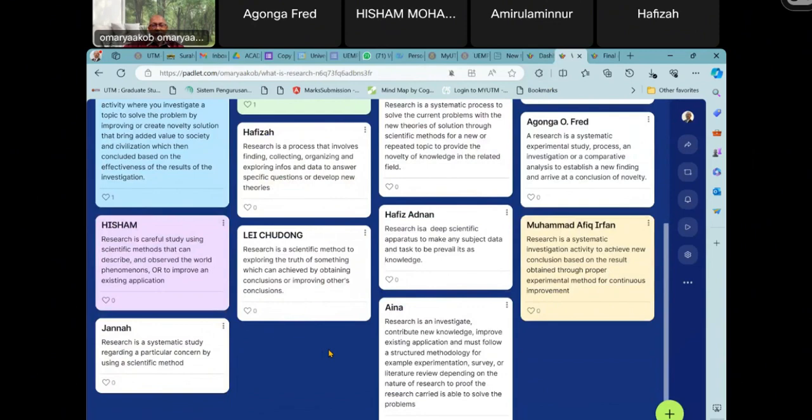Now I want you to vote. How to vote is just a matter of liking here. So put like. You can only choose 3. Please choose the top 3 that is not yours. You are not allowed to vote for yourself. Well, this is up to you.